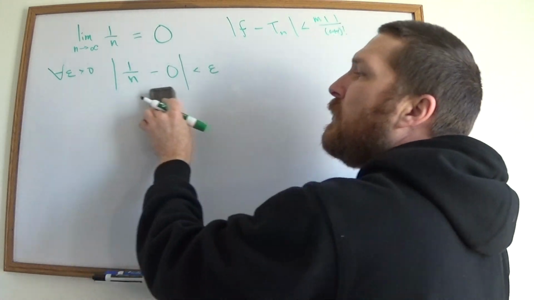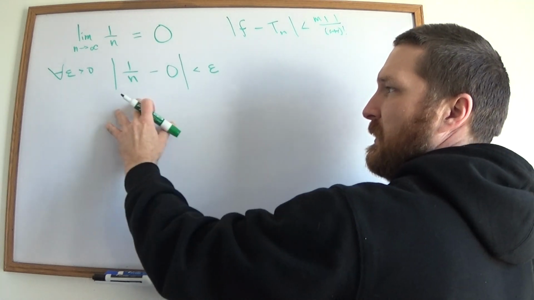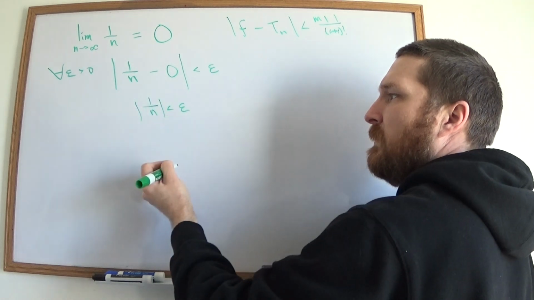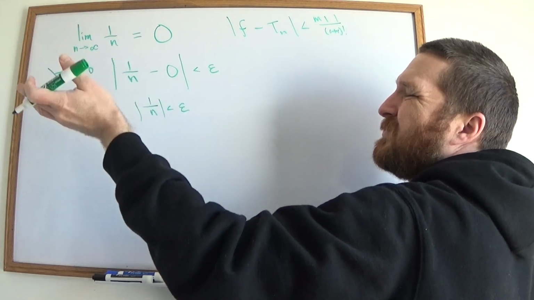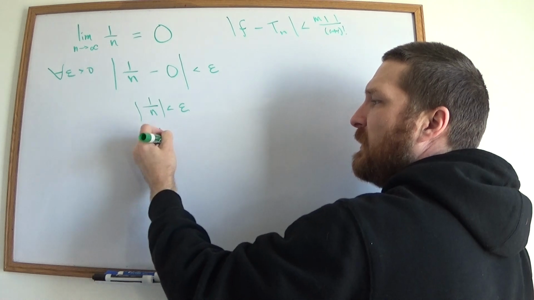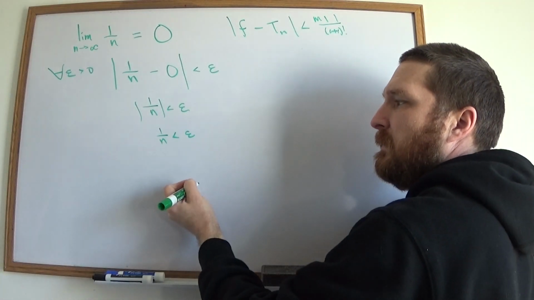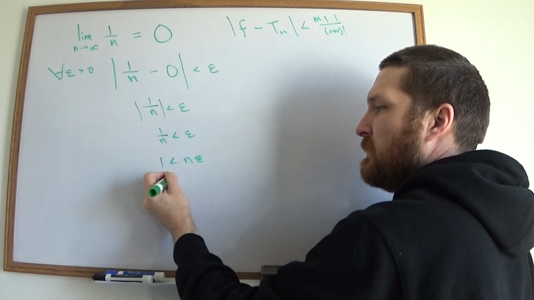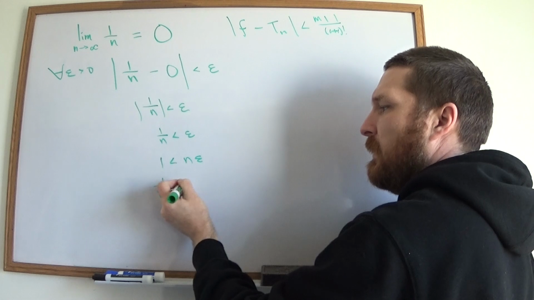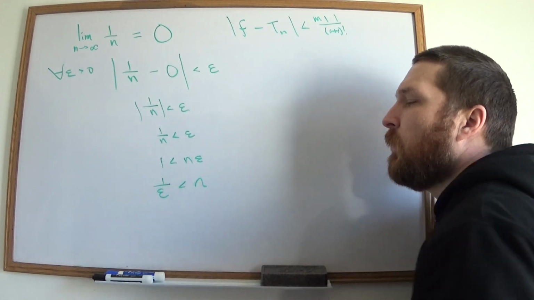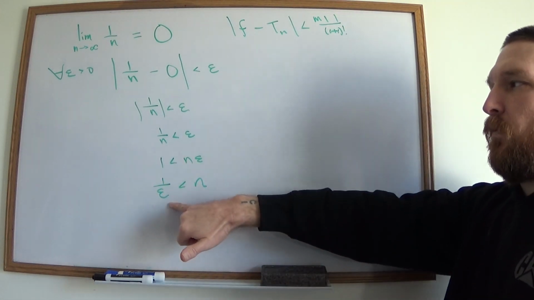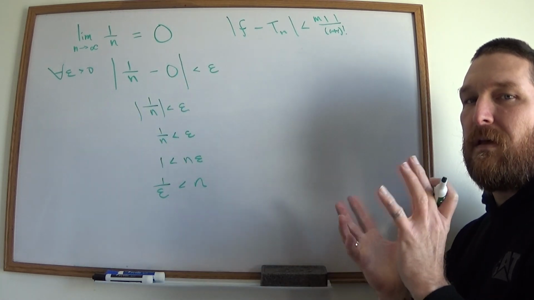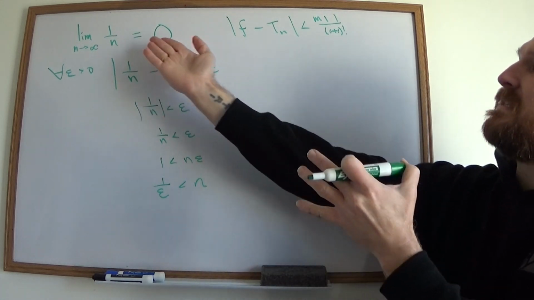In order to prove this, this is the same thing as this, and we're going to assume n is positive. So then I could bring the n up here, and so 1 over epsilon is less than n. Whenever n is bigger than 1 over epsilon, I can guarantee that this is true. That's how we know that this statement is true.